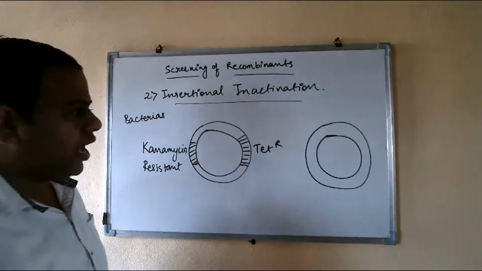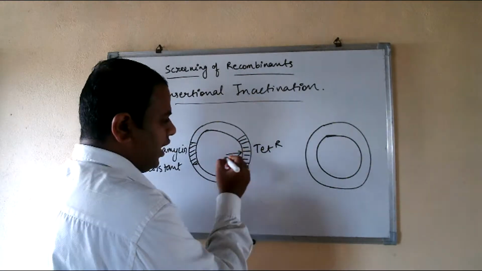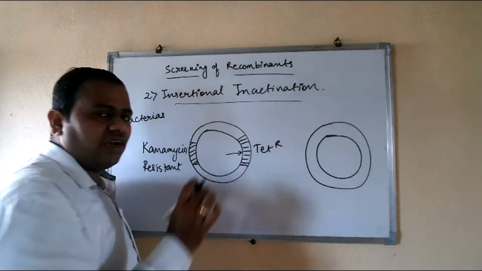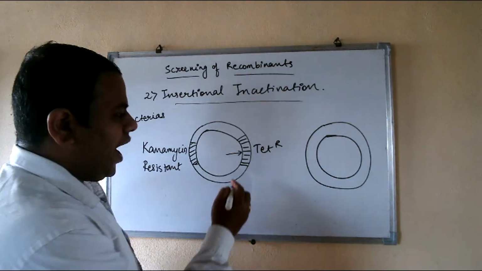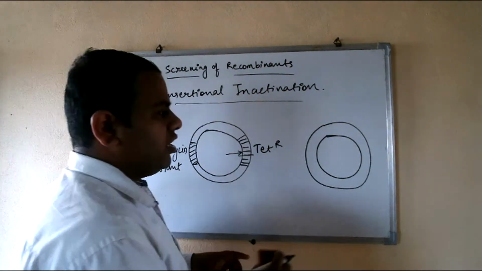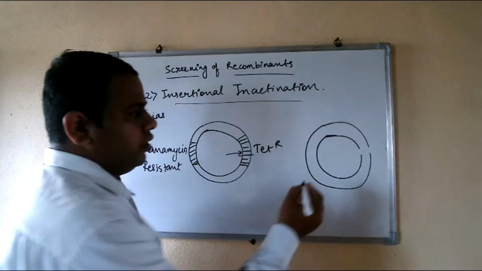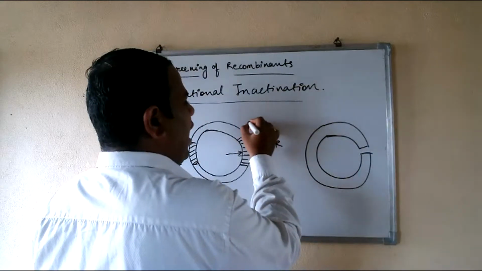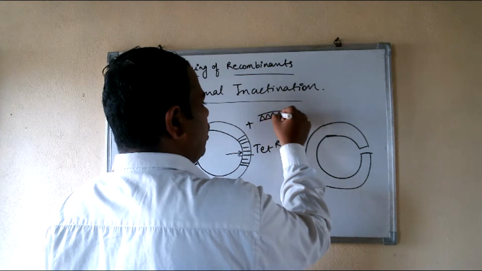Using a restriction enzyme, I am going to cut at this position, which will have a particular site in this tetracycline resistance gene. Now suppose I have cut at this position exactly using the restriction enzyme. So what is going to happen? There will be a cut made like this. Then I have to add my fragment of interest into that.